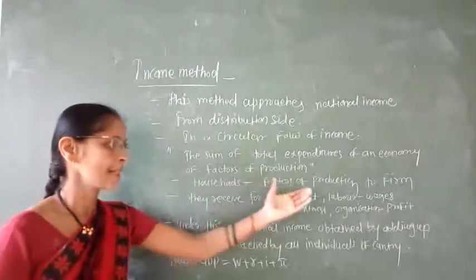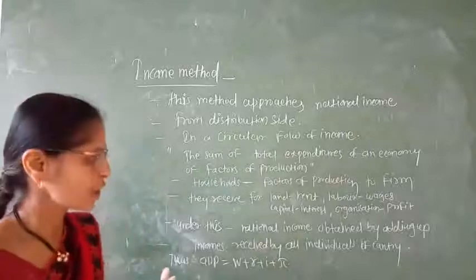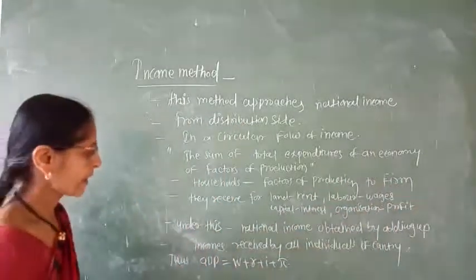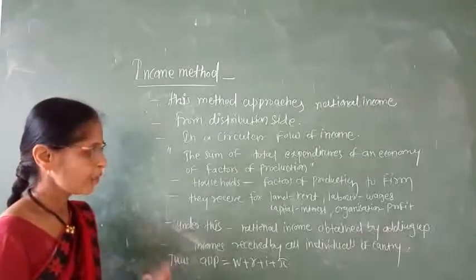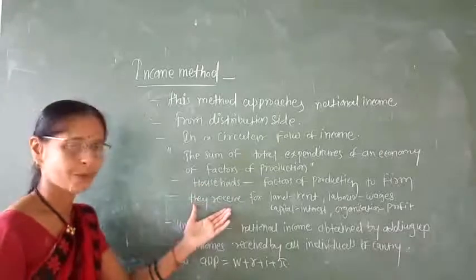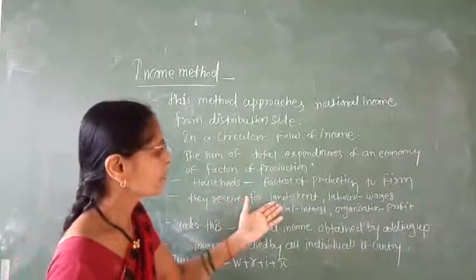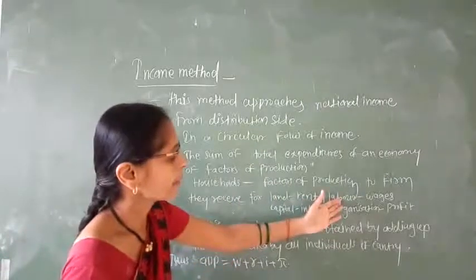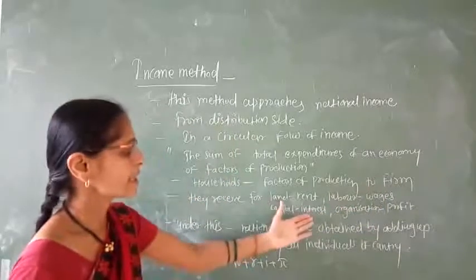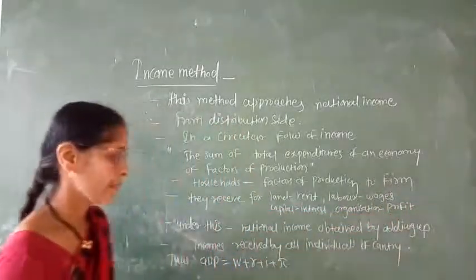supplies the factors of production, that is land, labor, capital and organization, to the firm sector. And for that, the household sector receives rent for land, wages for labor, interest for capital, and profit for organization.